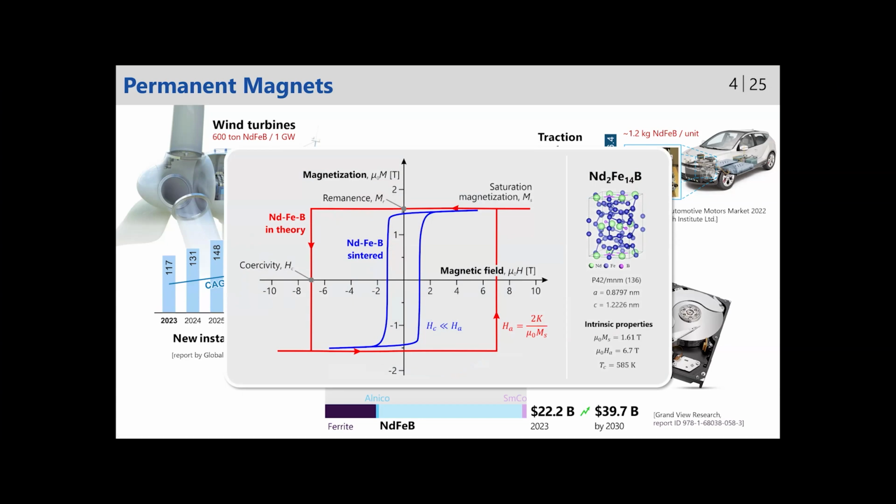And there is a large discrepancy between what we expect in theory and the coercivity which we have in reality. Even though the anisotropy field is hardly achievable, still, if we do even micromagnetic simulations, quite often we overestimate coercivity. And explaining why we have such an overestimation is a matter of Brown's paradox. And as soon as in simulations we can reproduce coercivity, I would say the paradox would be solved.